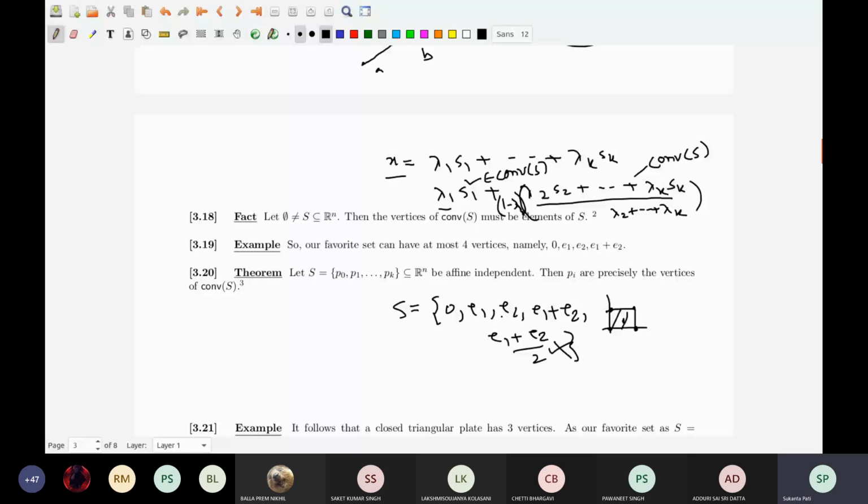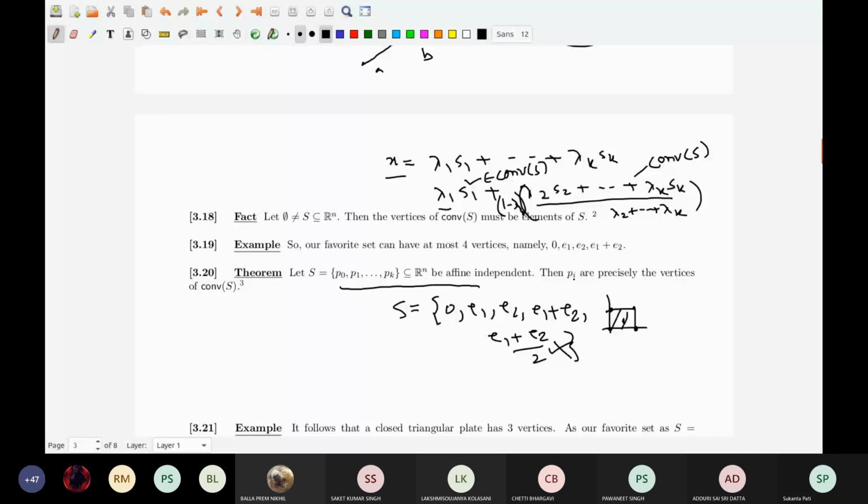And here is a theorem. Theorem 3.20 says that if you have an affine independent set P0, P1 up to Pk, these are affinely independent, then the Pi's are precisely the vertices of the convex hull.